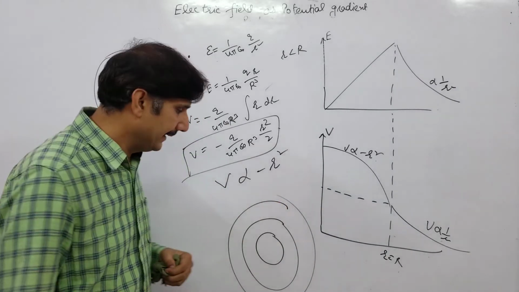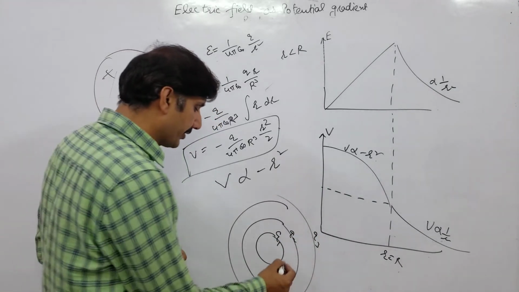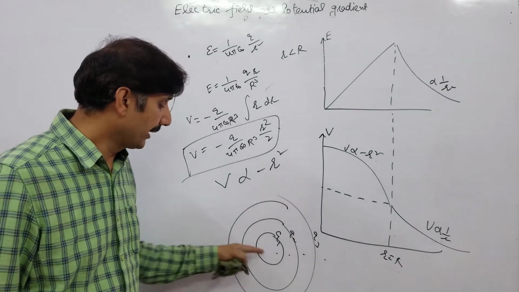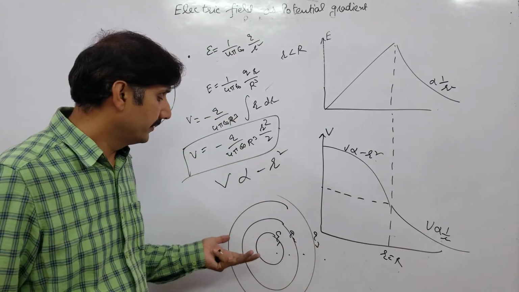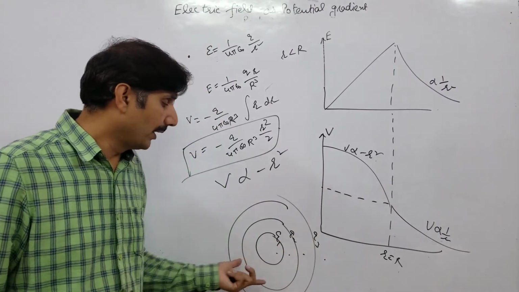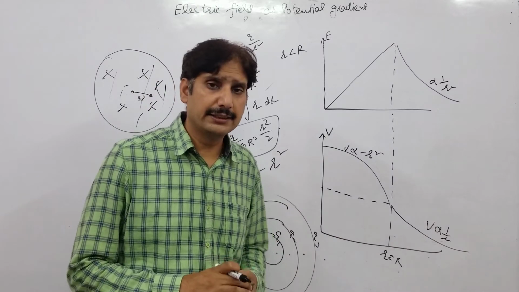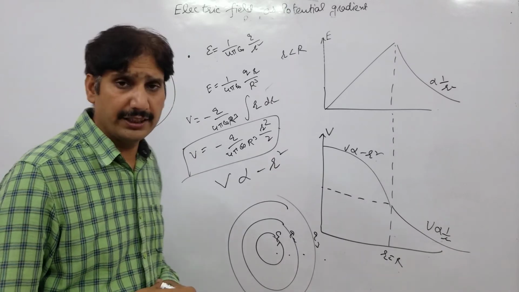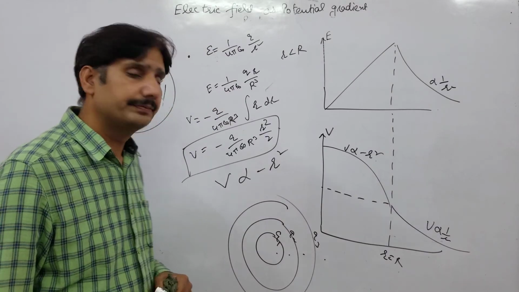First, we'll see some charges given to these shells and find the potential at these points. You need to know how to solve for potential at these points, and then there will be expressions for finding the induced charges of one shell due to another shell. These are a little tedious questions. We'll discuss that in the next part. I hope you will try these questions in the meantime. Thank you.